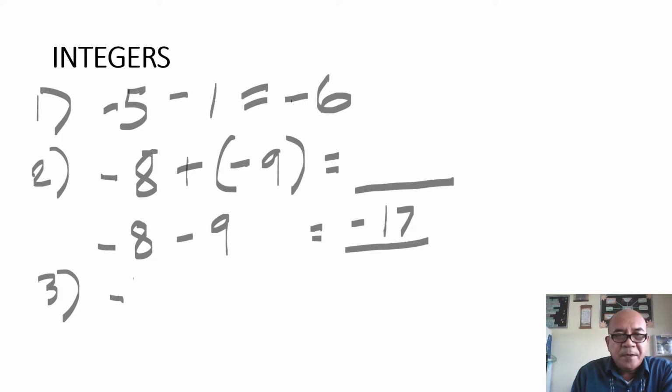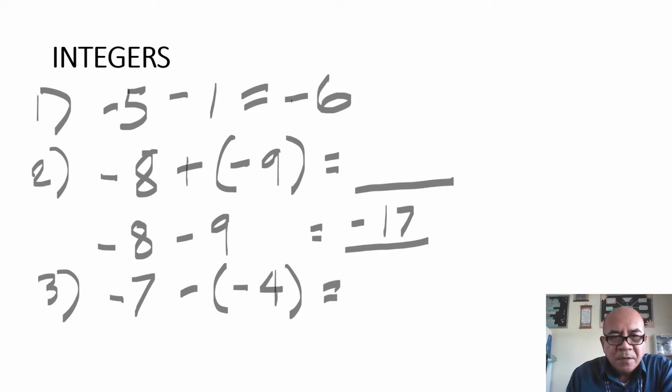Kapag tayo po ay nag-subtract, negative 7 minus negative 4. Take note, mga estudyante, kapag ikaw ay nakakita ng ganitong parenthesis, it means you multiply the sign. Okay? Itong negative saka negative.